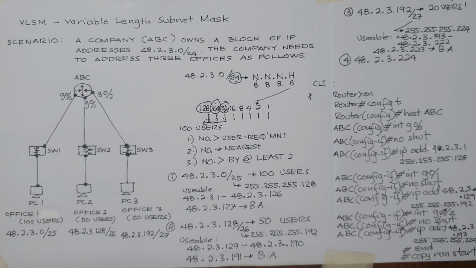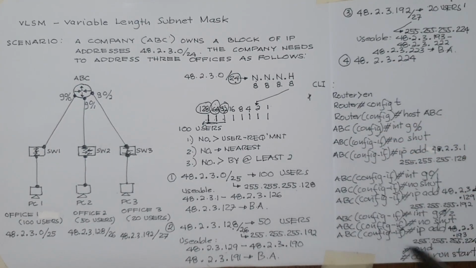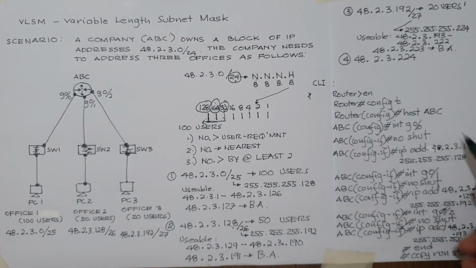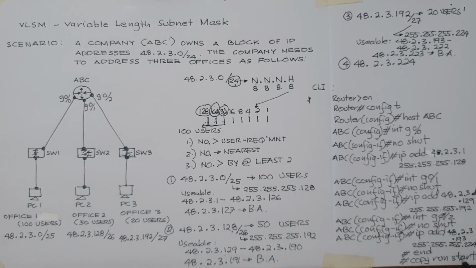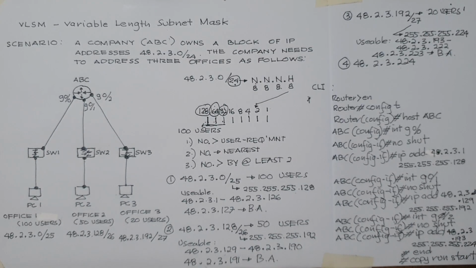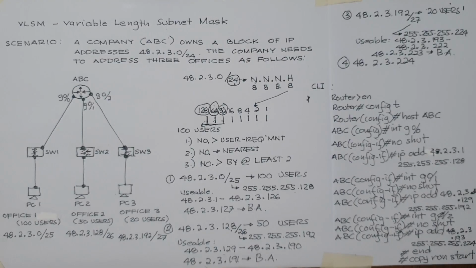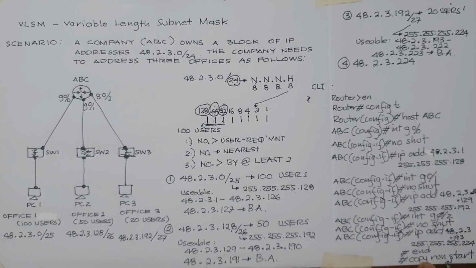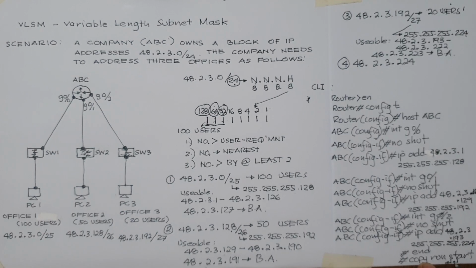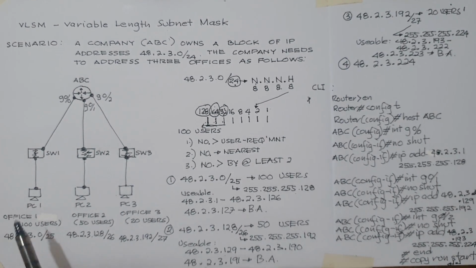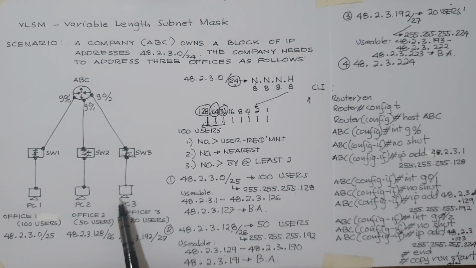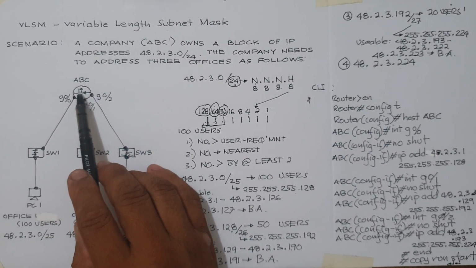Okay, which means that you are copying what is in the RAM or running configuration and putting it in the startup configuration or NVRAM. Then you just press enter twice, enter, enter, and you're done. Okay, so we have configured the PCs, we have configured the router.